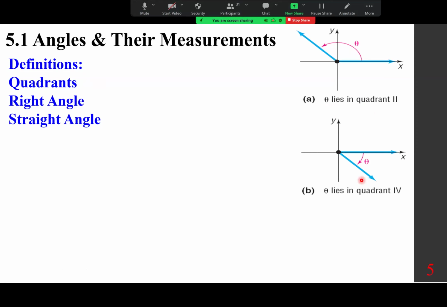This one would be the positive, this would be the negative. They are equivalent. This is quadrant 4. And since the terminal side is along the y-axis, theta is a quadrantal angle.